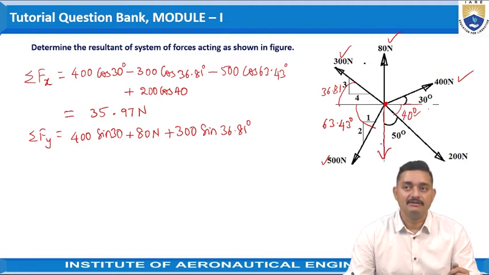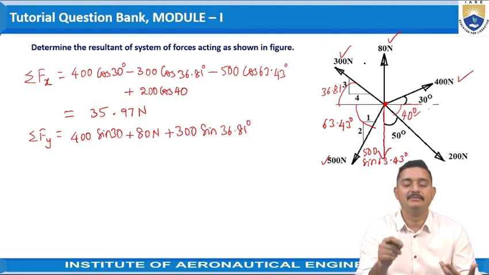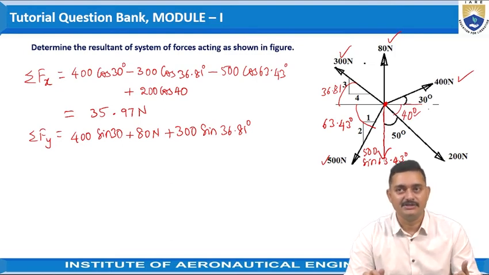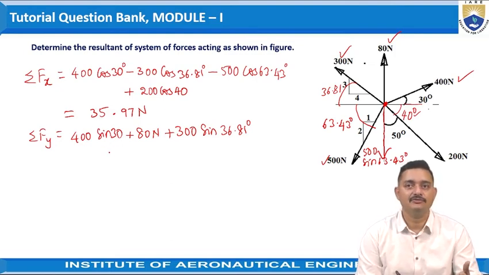And the value of this would be 500 sine 63.43 degrees. This 500 sine 63.43 degrees component is acting vertically downwards. That means negative y-axis direction. Hence we can take it as a negative force. So putting that in the equation, minus 500 sine 63.43 degrees.